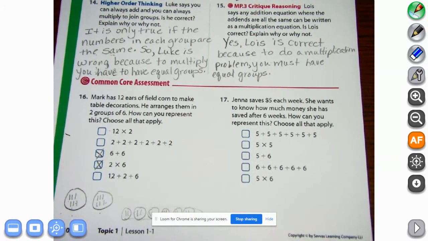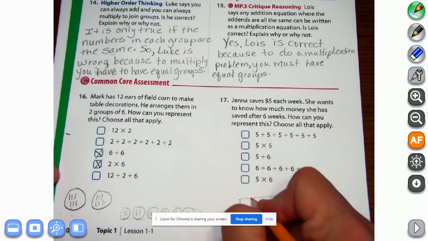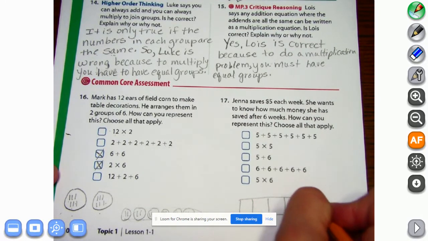All right, number 17, Jenna saves $5 each week. She wants to know how much money she has saved after 6 weeks. How can you represent this? Choose all that apply. So she has 6 weeks. So there's 1 week, 2 weeks, 3 weeks, 4 weeks, 5 weeks, 6 weeks.